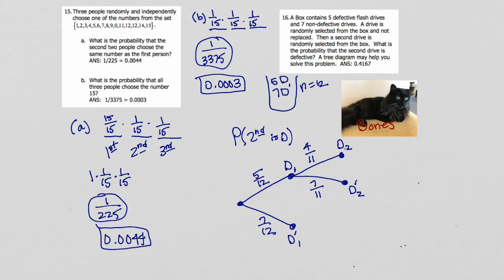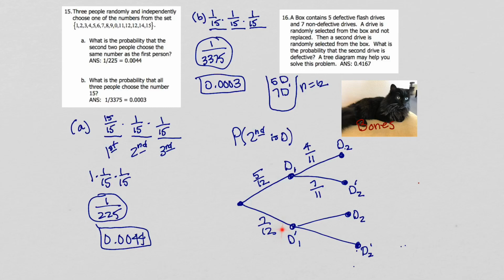But now let's go down here. What's the probability of a non-defective on the first? 7/12. Now move on from there. We take our second draw, and what could happen? We could get a defective on the second and a non-defective on the second. Now the probability of getting this node right here, a defective on the second, given that we got a non-defective on the first. So there was 12 to begin with.